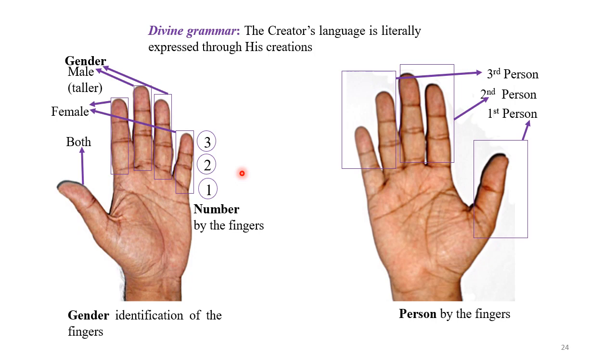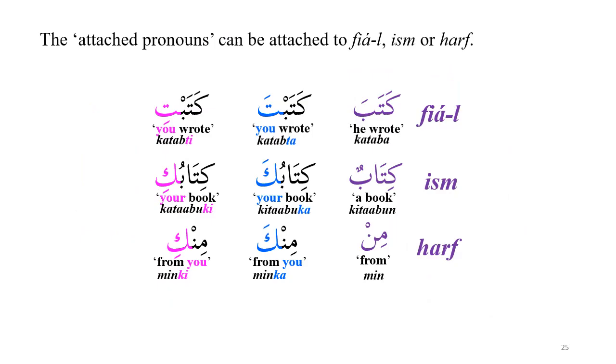Arabic has the singular, dual, and then plural. Okay, and then there is gender, male, female, right? The gender is shown by the height. So male gender is indicated by these 2 fingers, whereas female would be by this and these 2, because they are lower in height. So like this, you can associate them and you can learn these patterns very easily.